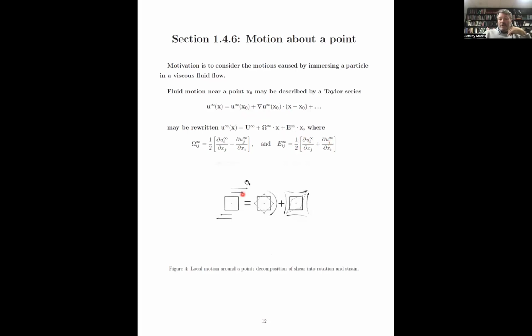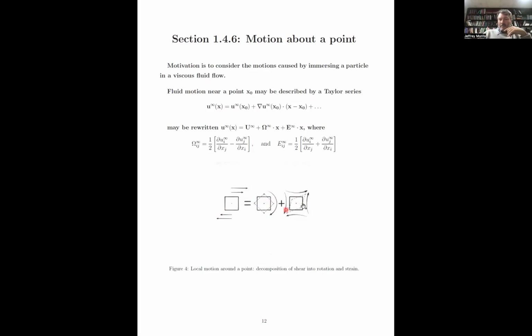So for a simple shear flow, that decomposes the flow in a way which many of you may have seen, but I think is really quite remarkable. Looking at this flow field, it's like equal parts of a solid body rotation, which varies linearly from the origin. That is, as you move out in radius, your velocity increases linearly. So this little square would rotate without change of form in that motion.